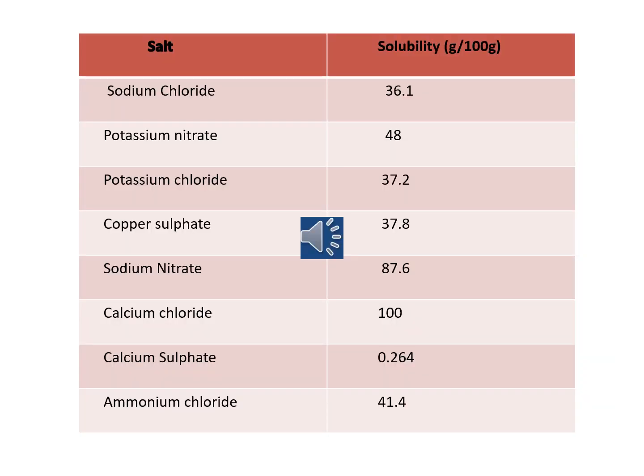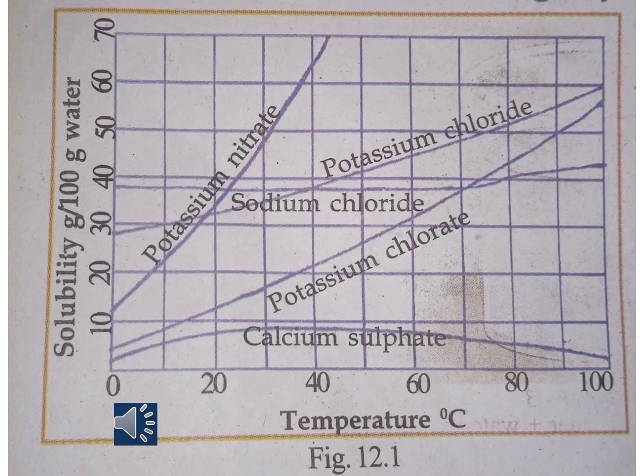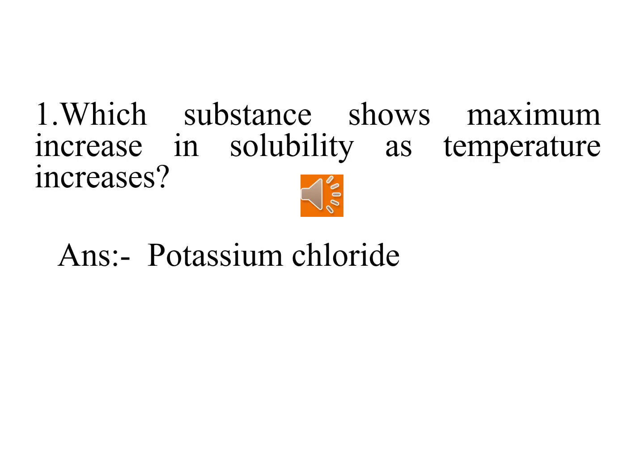This table shows the solubility of certain substances at 30 degrees Celsius. This graph connects the solubility and the temperature of certain salts. Observe the graph carefully. Which substance shows maximum increase in solubility as temperature increases?